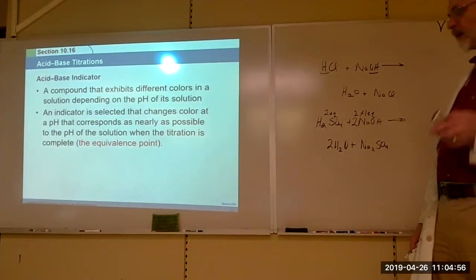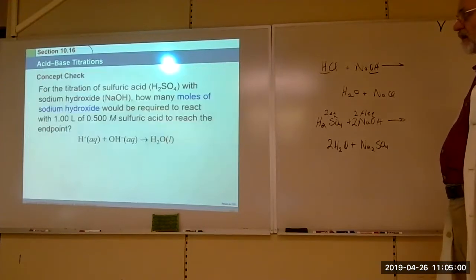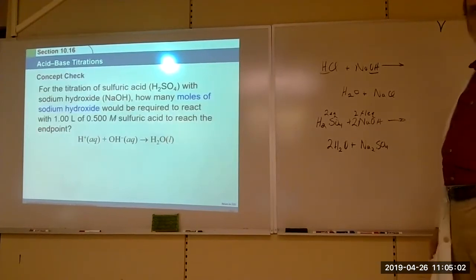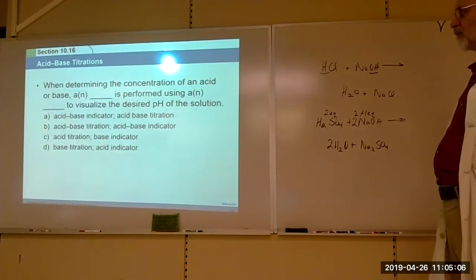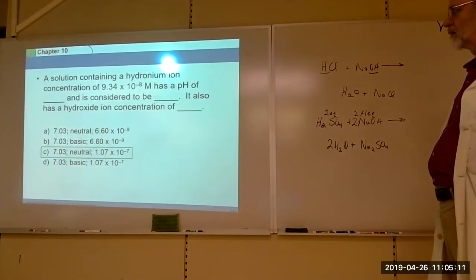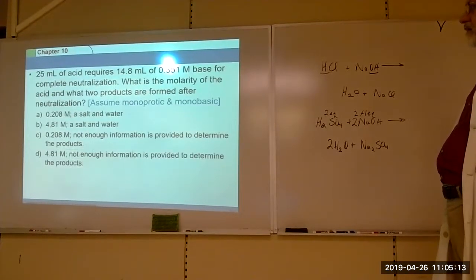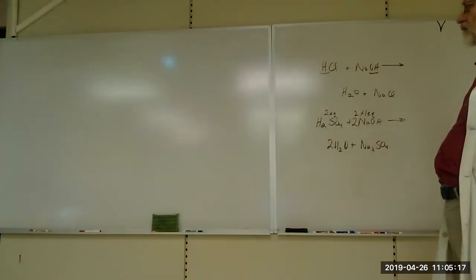So we use that color indicator, and when we get to the point of color change, that's your end point. That's the difference between equivalence point and end point. Whereas the acid-base indicator, well, I thought it was going to say. It doesn't.